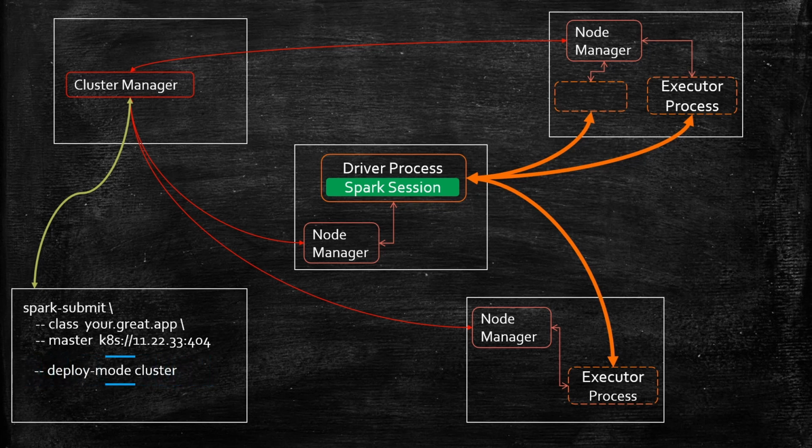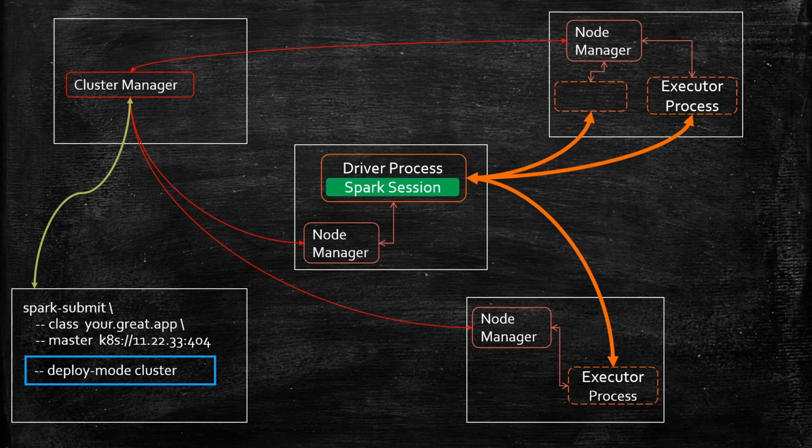In the cluster mode, the Spark driver runs on a node inside the cluster, and the executor processes also. So the cluster manager is responsible for maintaining the node on which the driver process is running and also the nodes on which the executor processes are running. This is the deploy mode cluster. We specify that with the parameter deploy mode during application submission.